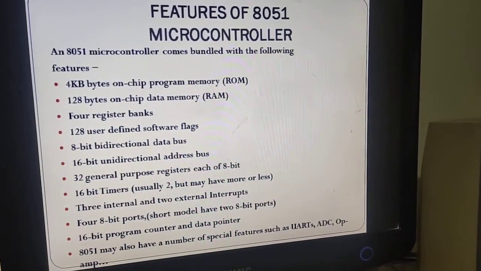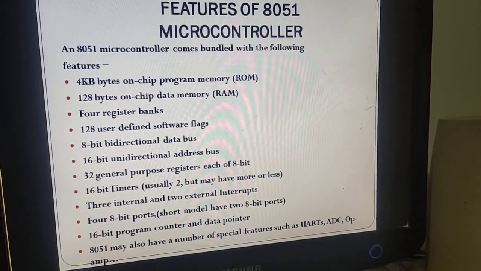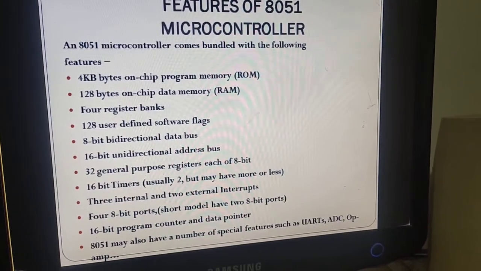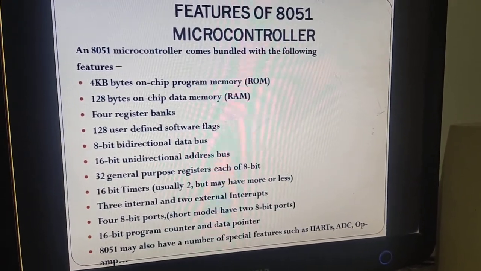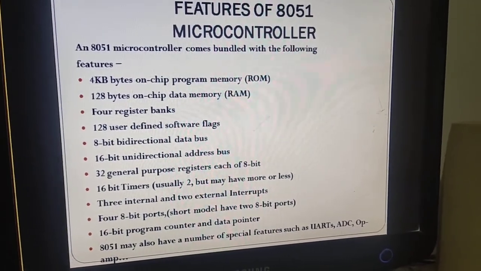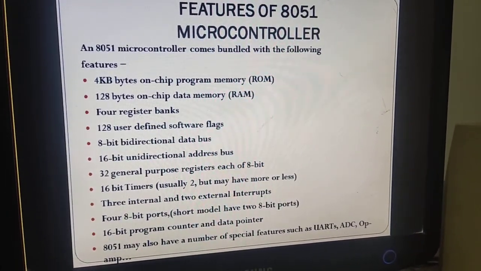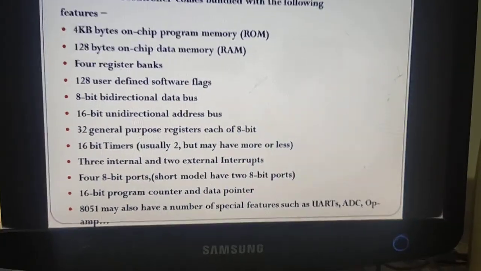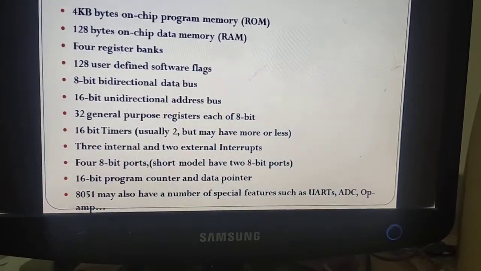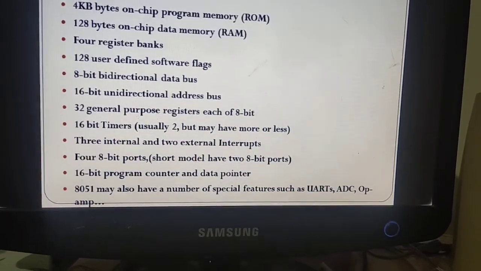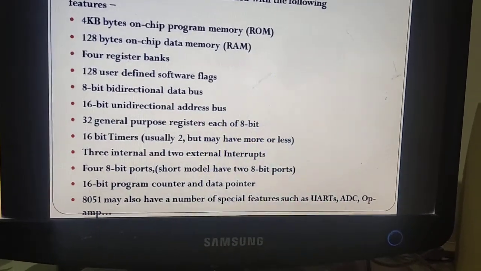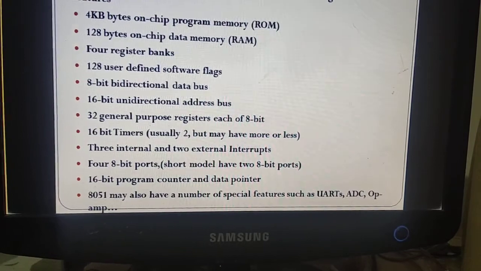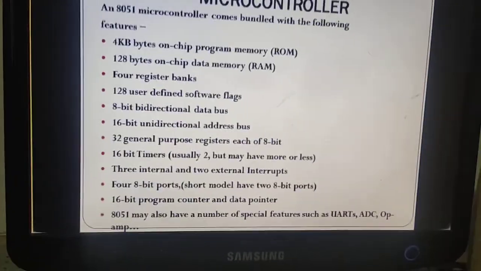They are 4 kilobytes of on-chip program memory, which we call ROM, 128 bytes of on-chip data memory, which we call RAM, 4 register banks, 128 user-defined software flags, 8-bit bidirectional data bus, 16-bit unidirectional address bus, 32 general purpose registers, each of 8-bit, 16-bit timers, usually 2, 3 internal and 2 external interrupts, four 8-bit ports, 16-bit program counter and data pointer, and also certain special features like UART, analog and digital controllers, operational amplifiers. We'll be seeing that as and when we go along.